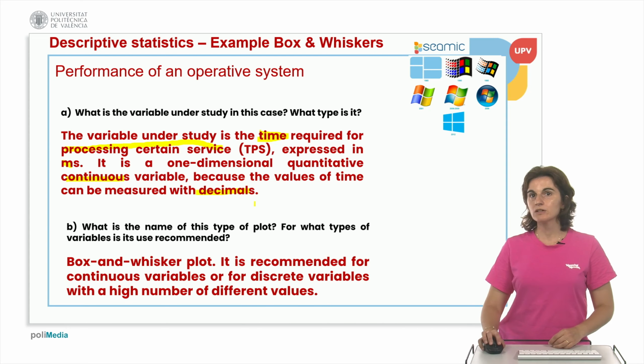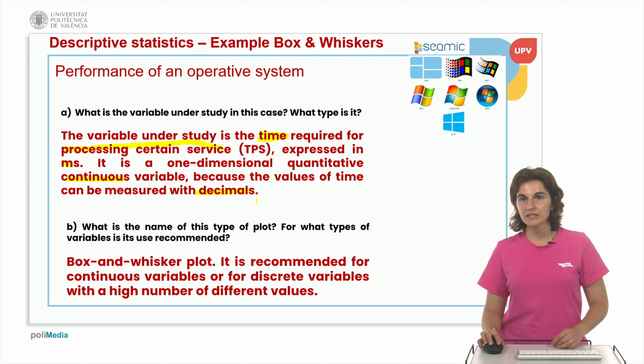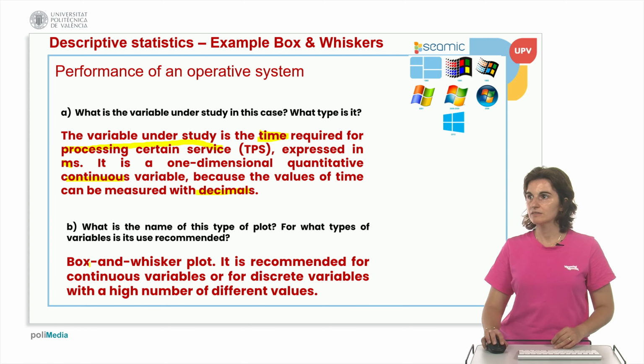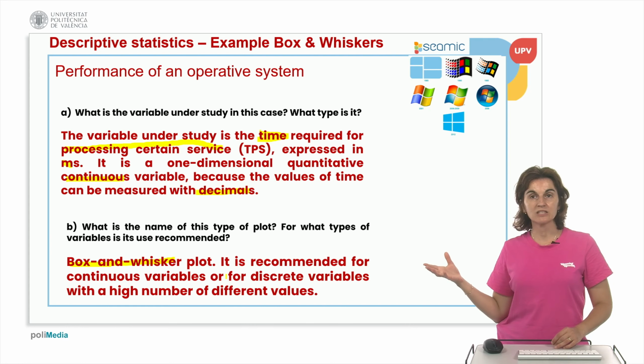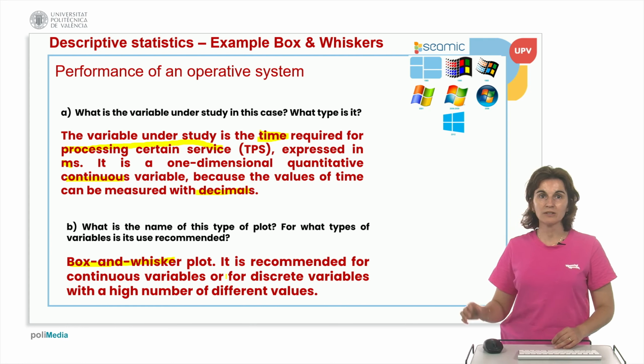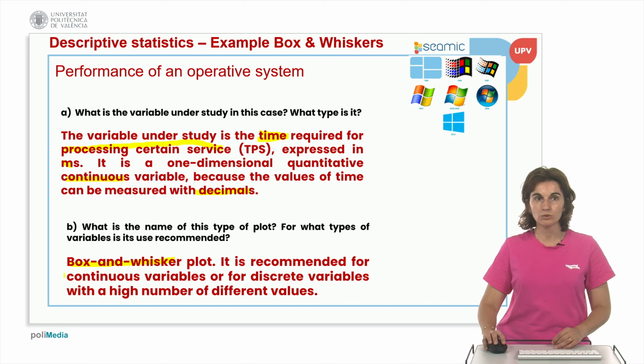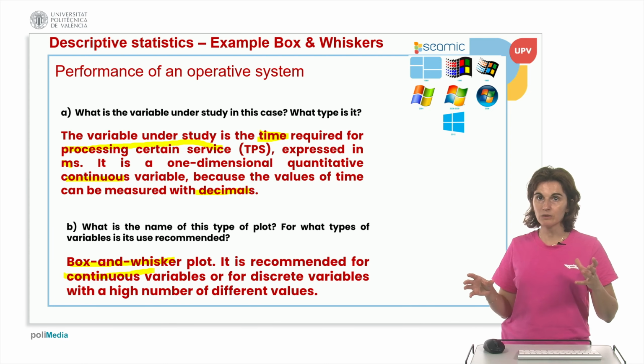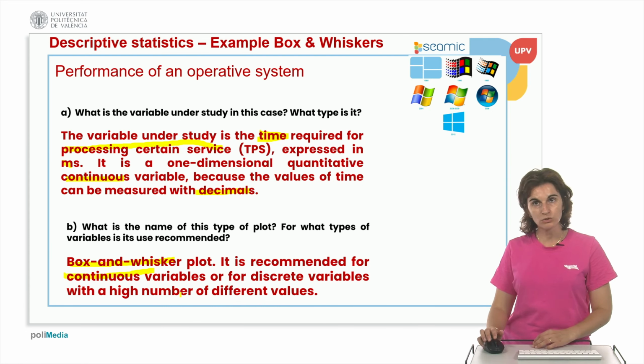What's the name of this plot? I hope you already know. It's the box and whisker chart, box and whisker plot. For which types of variables is it recommended? Of course, it is recommended for continuous or discrete, in any case numbers, quantitative variables, and if possible with a high number of different values.